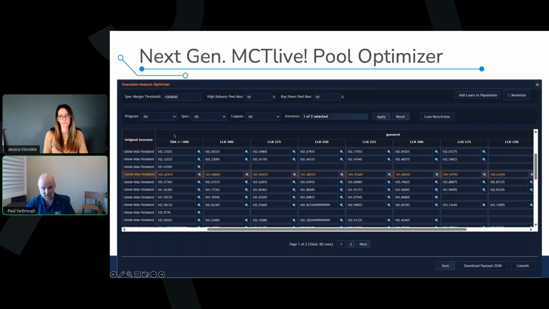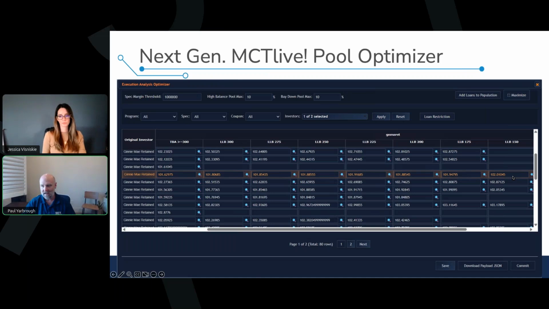So like I mentioned, one of the things that we're most concerned about is price discovery. Price discovery, what I'm talking about there is, not only do I know that this loan, if I put it in an LLB 150 for my Ginnie Mae retained execution, I can earn way over there to the right in that cell that's highlighted in orange. I can earn 102 spot 01 on there, right?